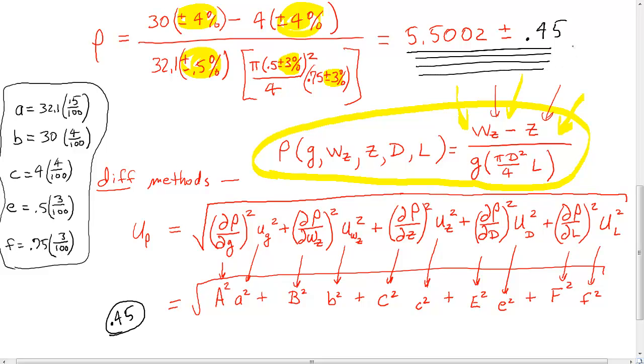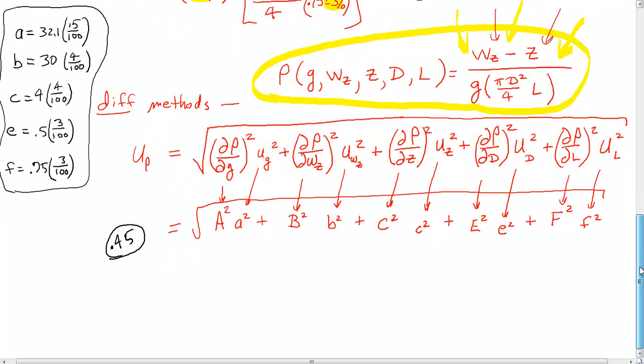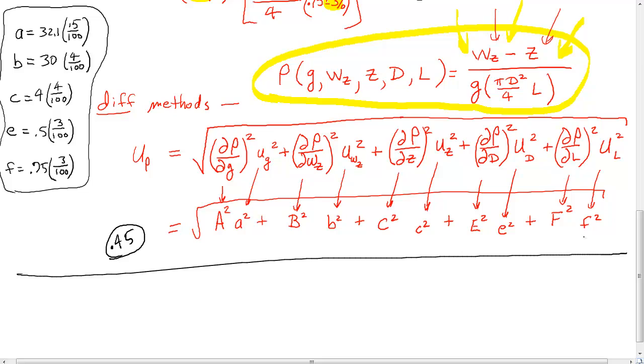Now, is there another way to do this? And to pre-answer that question, I would say yes, there is a better way. Let's suppose, first of all, why you would want to do it a different way. Let's say instead of rho being a function of 5 variables, it was a function of 100 variables.